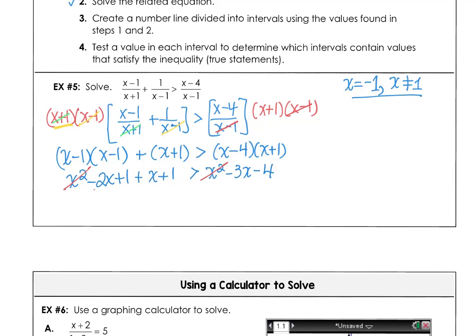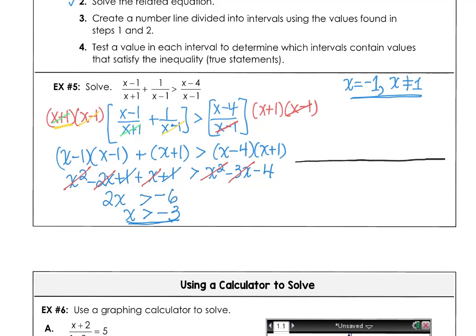We have -2x plus 1, so we have -1x, and we're going to add a 3x, put that on the left side, we get 2x, and we've got 2 here, and we've got -4 here, so -4 minus 2 is -6, and x has to be greater than -3. So we need these two restrictions and this -3 to set up a number line.